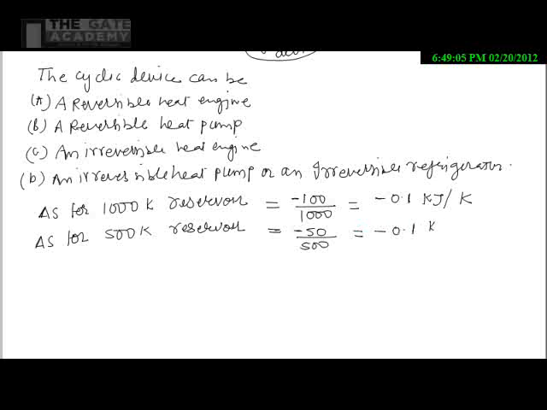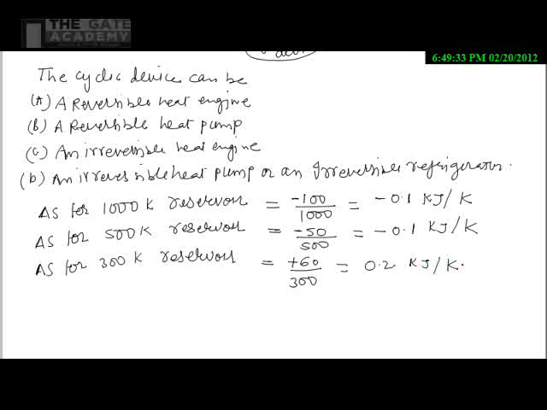Similarly, del S for the 300 Kelvin reservoir, so it is getting heat, so positive 60 divided by 300, so it will come 0.2 kilojoule per Kelvin.